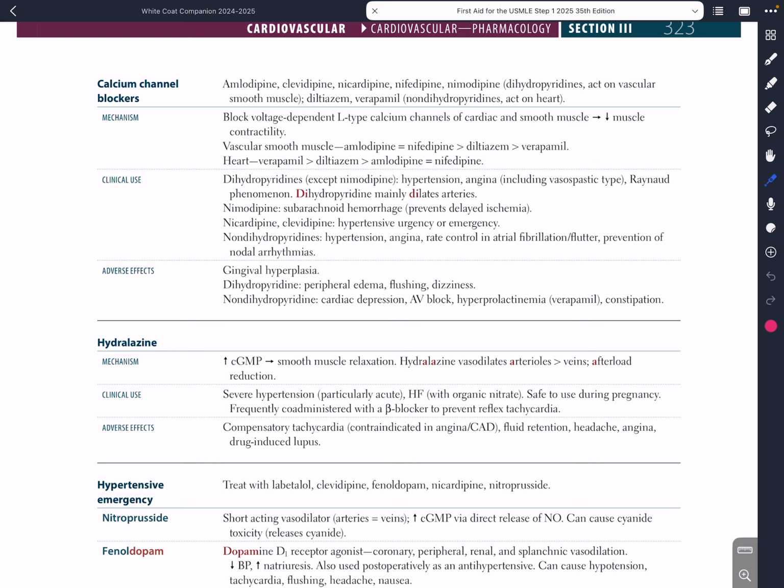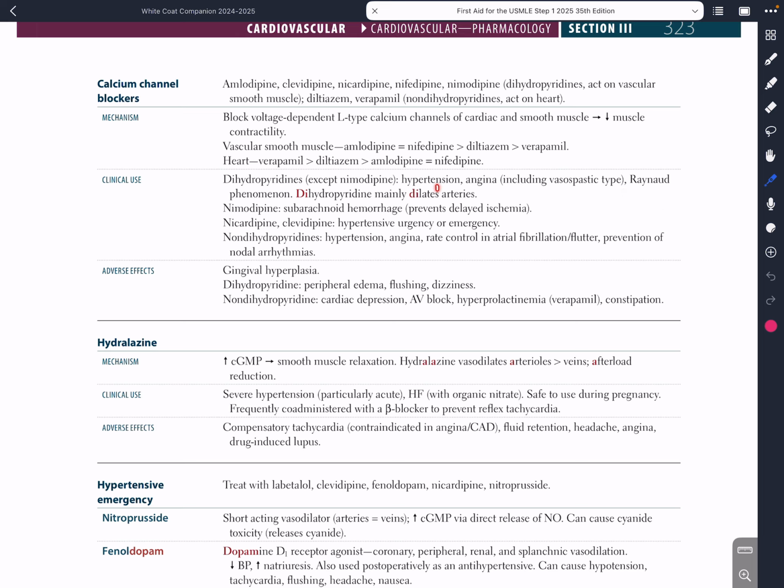The tissue has not died yet. There's only a little bit of spasm in the vessel causing decreased blood supply. Otherwise, the patient is fine. Dihydropyridines, except nimodipine, help in hypertension, angina including vasospastic type, and Raynaud phenomenon.